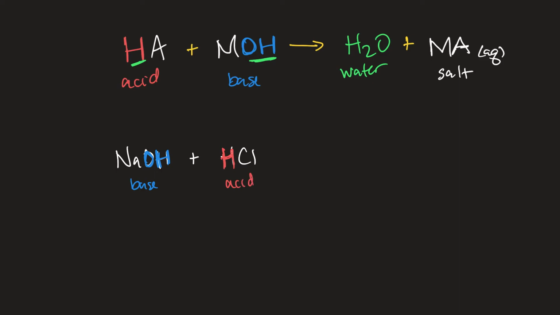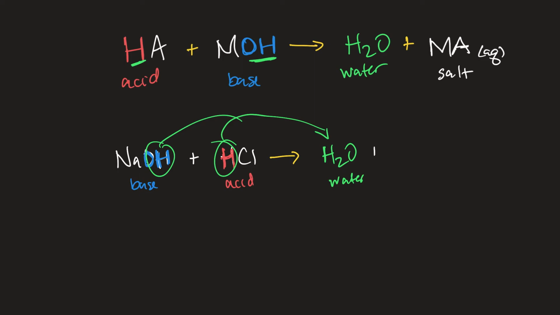So we have an acid-base reaction. We have the OH and the H, and when they bond together, the OH and the H make H2O. This is my water, and that stems from these two combining together.